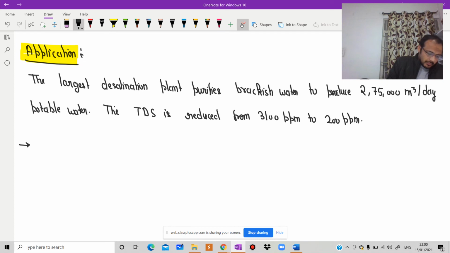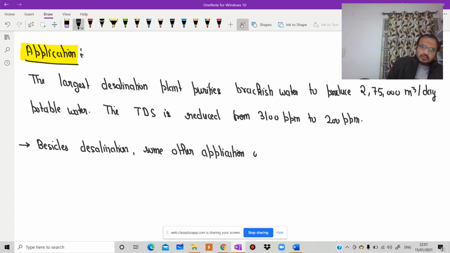Next, besides desalination, some other applications of RO are given below.